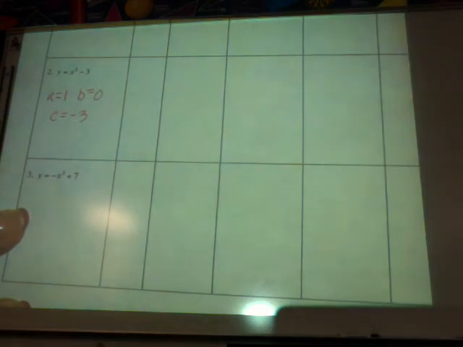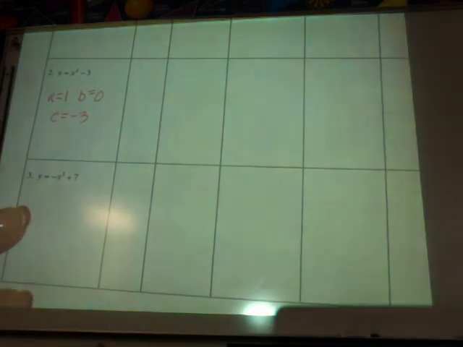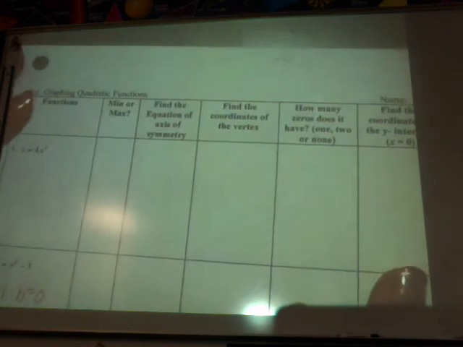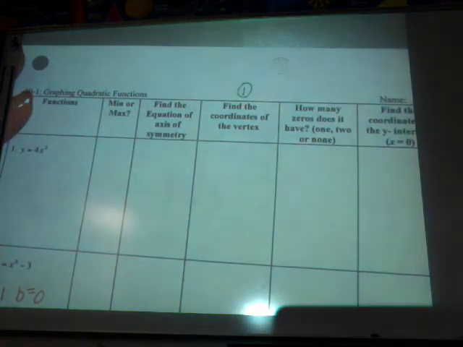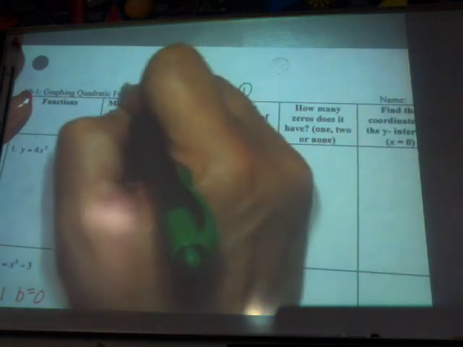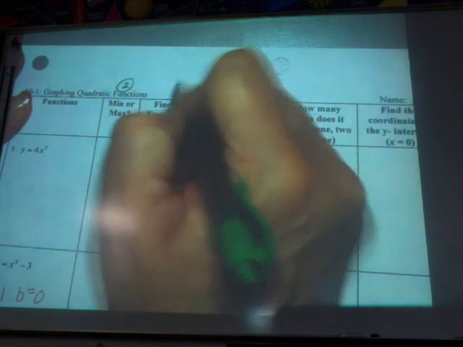Go sit down. C is equal to -3. Right? Your constant. What's your first question asking you? Max or min? Find the equation of the axis of symmetry. Well, let me give you a little hint. Go up here, and I want you to write, this you have to find first. So this is number 1. Then, once you find the vertex, don't you know your max or your minimum value?